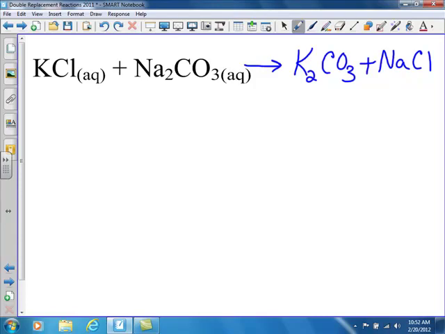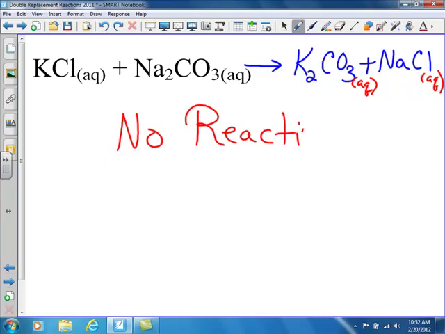Now, with this particular reaction, these are two products, so find out which one is aqueous. And what you'll find is that both of these are aqueous. And when both are aqueous, this is a no reaction, because you would not get a precipitate. Everything is aqueous, so you have a no reaction.